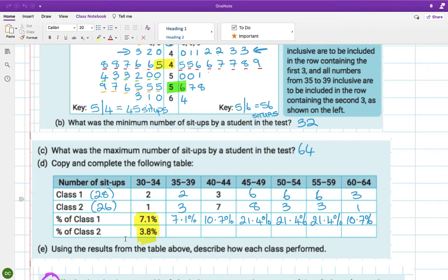Okay. So the next one then, I'm on class 2, so I'm going to do 3 over 26 times 100. I'm going to do 7 over 26 times 100, and so on. So 3 over 26 multiplied by 100 is 11.5%. 7 over 26 times 100 is 26.9%.